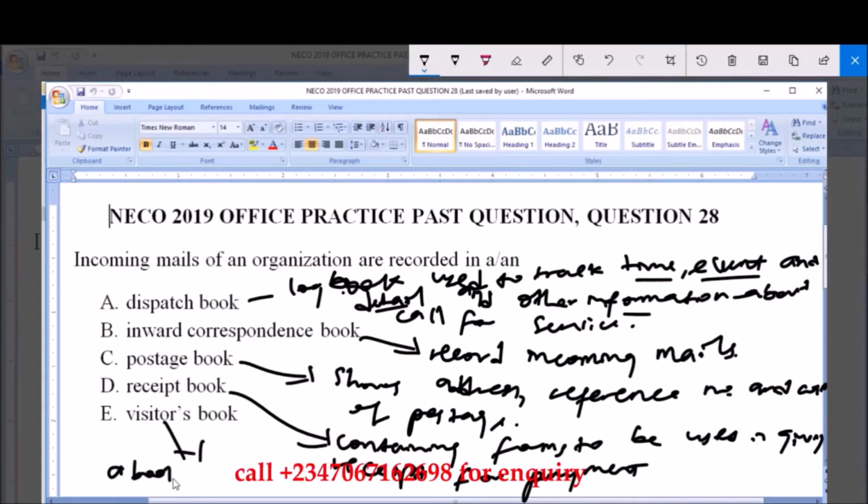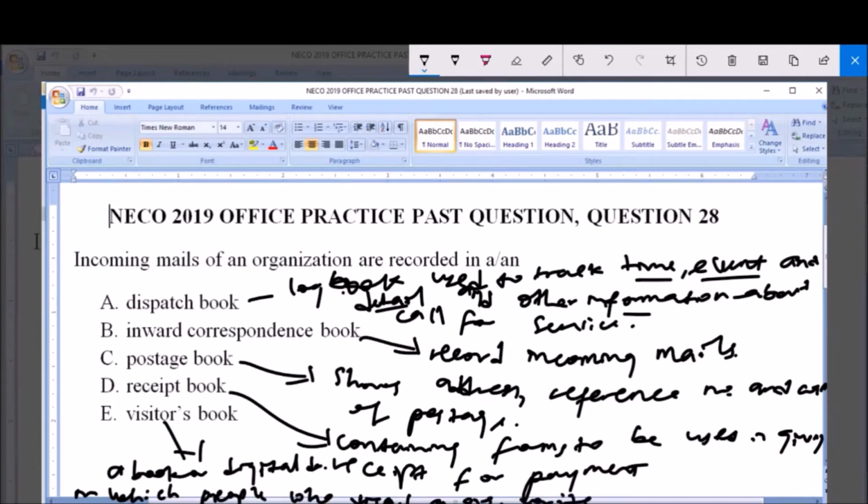It can either be a book or digital document in which people who visit an organization write their names and address.